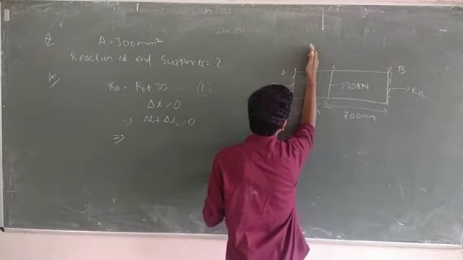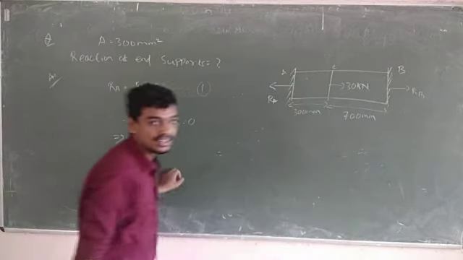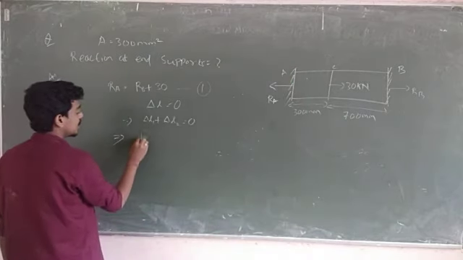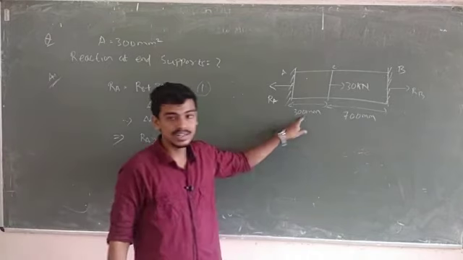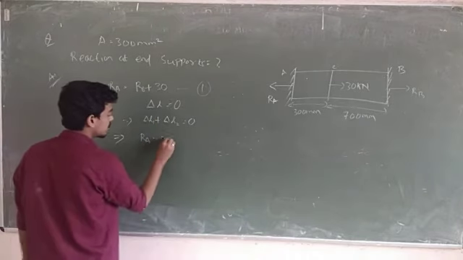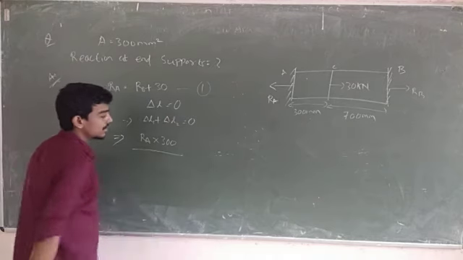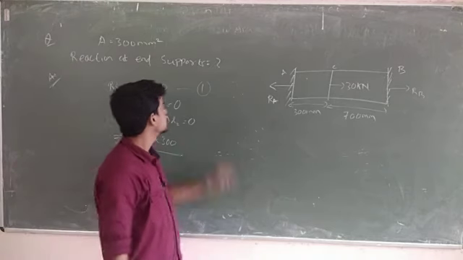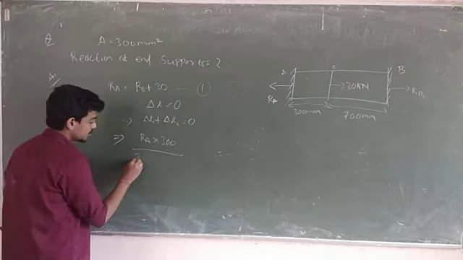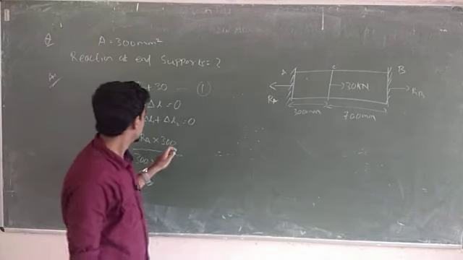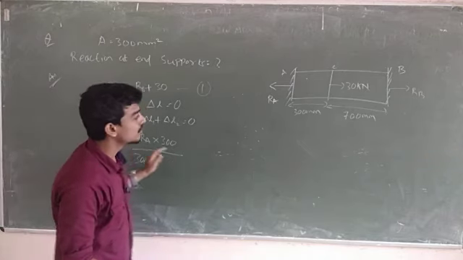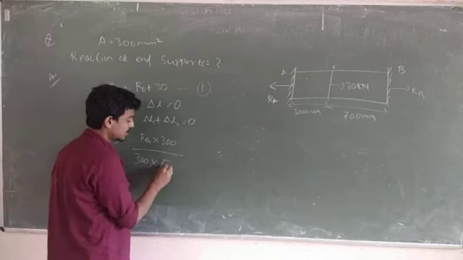So in this section take left, that is RA is our P. So I can write RA into L. What is L? 300 mm, over area, and the area is given as 300 mm square. Then the E value is not given, just put it here.